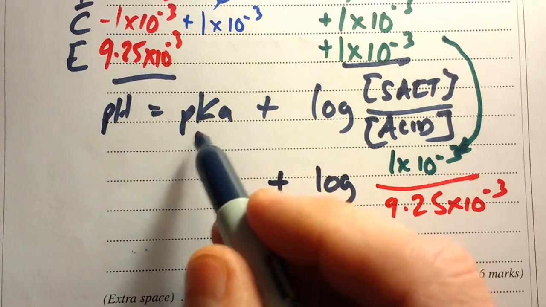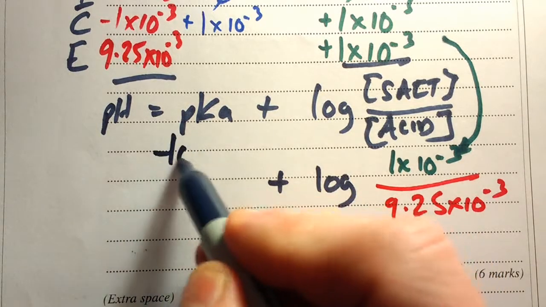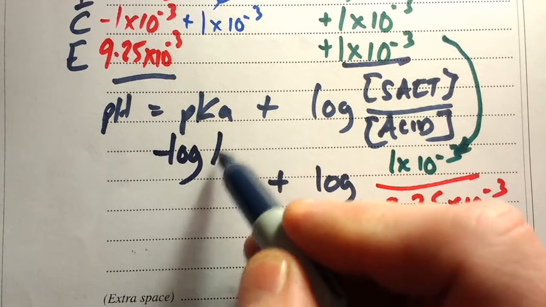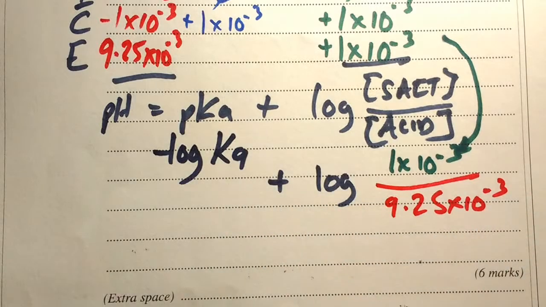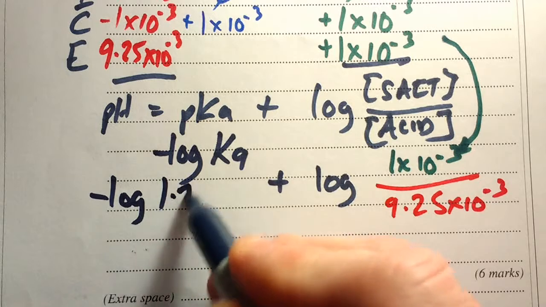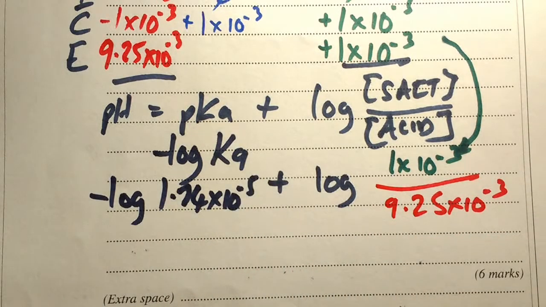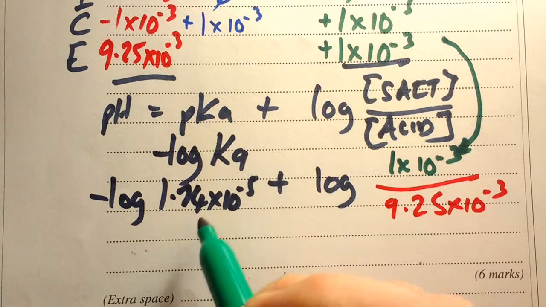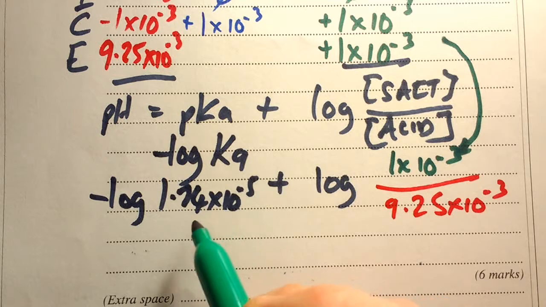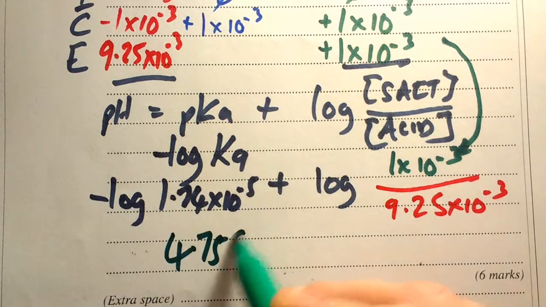Now pKa is just minus the log of Ka, and they've given you Ka, so it's minus the log of 1.74 times 10 to the minus 5. So let's see if we can put all of those things in. Our minus log of 1.74 times 10 to the minus 5 is 4.759.